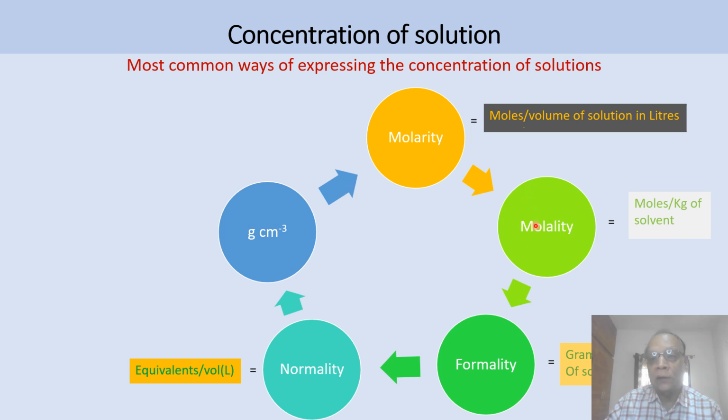So these are some of the most common ways of expressing the concentration of solutions. But usually we use molarity, grams per centimeter cube, and molality. Formality is used in some numericals. Normality is used but is related to molarity.